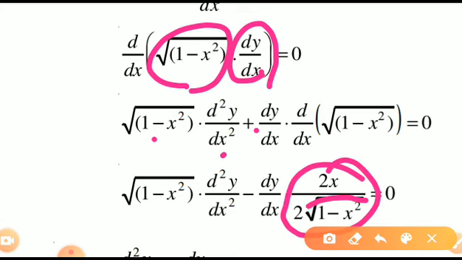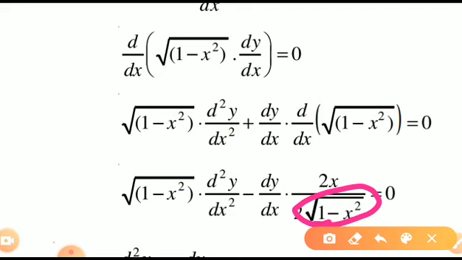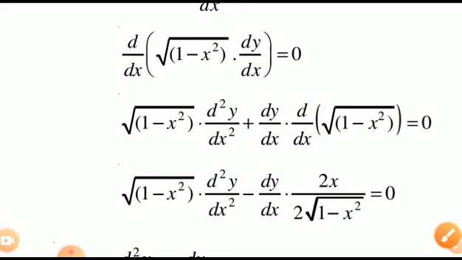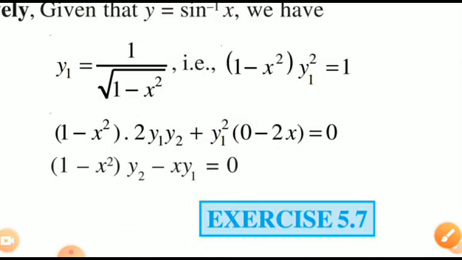Again, it should be multiplied with the derivative of 1 minus x square. Again, we don't need that root and all, so this root I can multiply throughout. And I'll get that required answer.